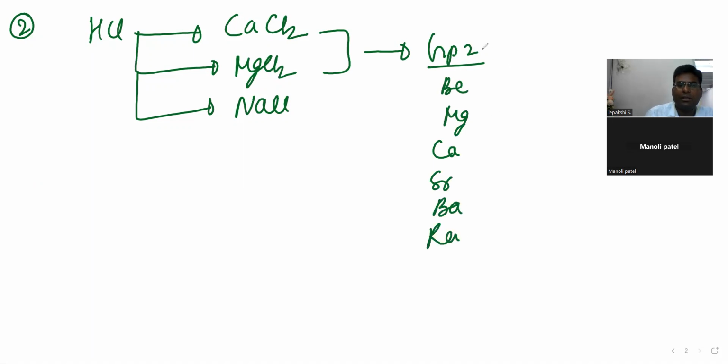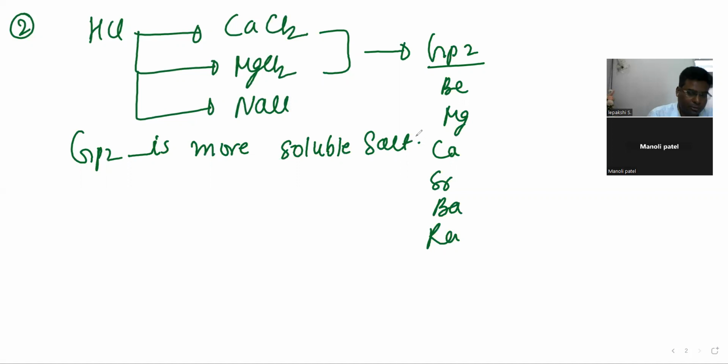So group 2 salts are more soluble than NaCl. On passing HCl through the solution containing calcium chloride, magnesium chloride, and NaCl, NaCl crystallizes out.